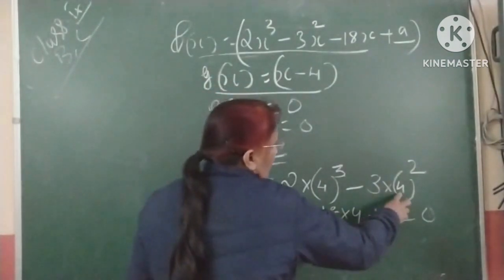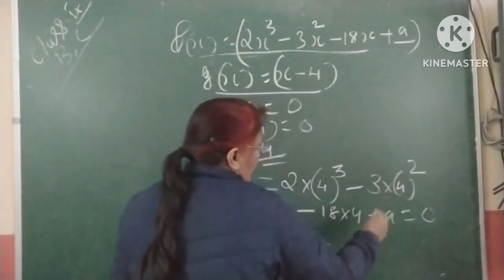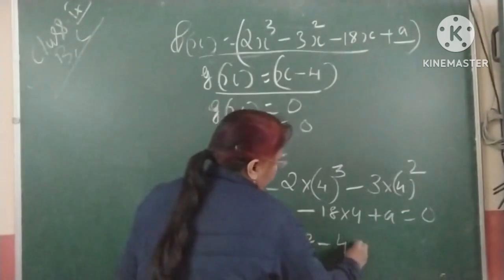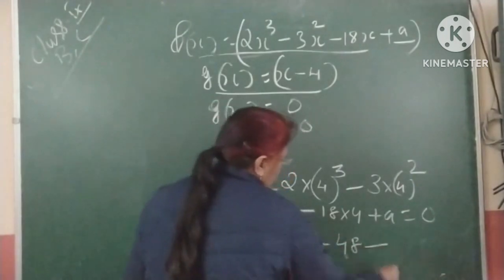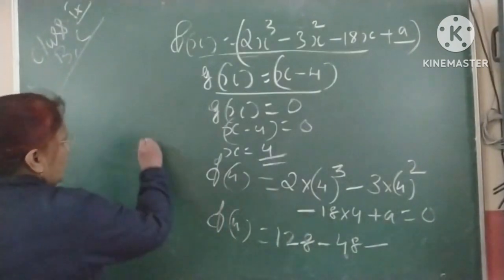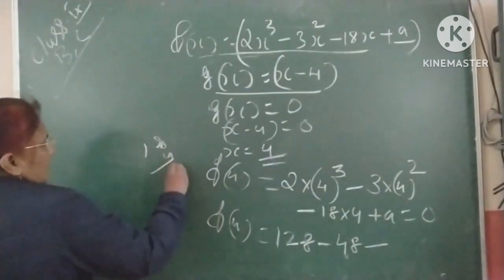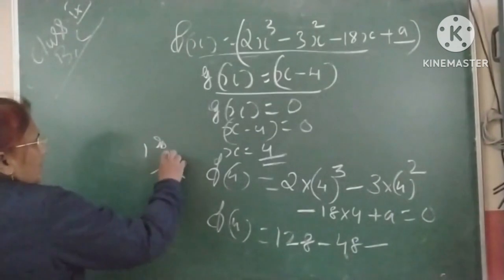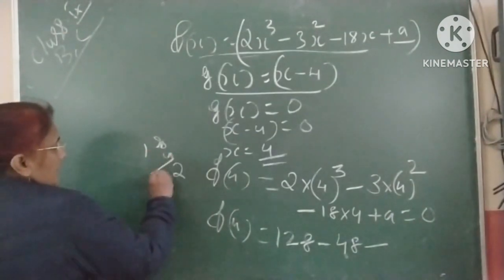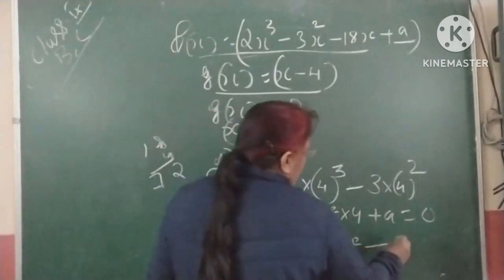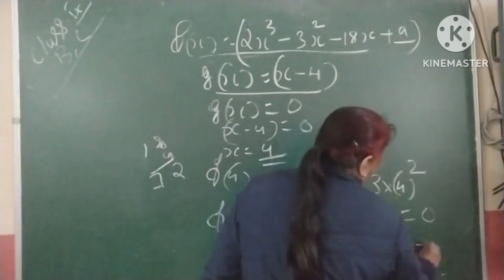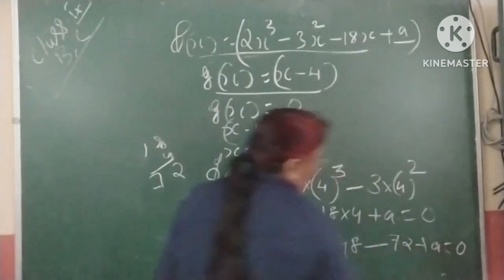Then 4 into 4 is 16, 16 into 3 is 48. 48 minus 18 into 4 is 72. 128 minus 48 minus 72 plus a equal to 0. Okay.